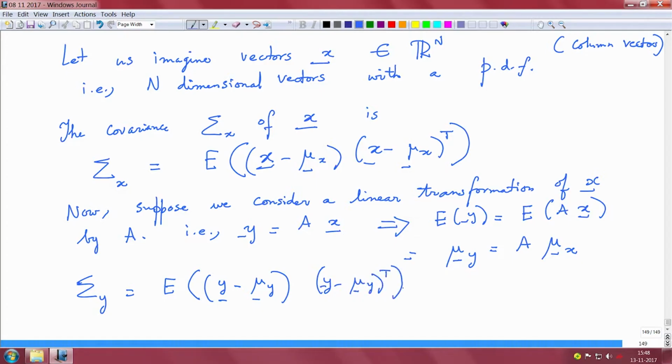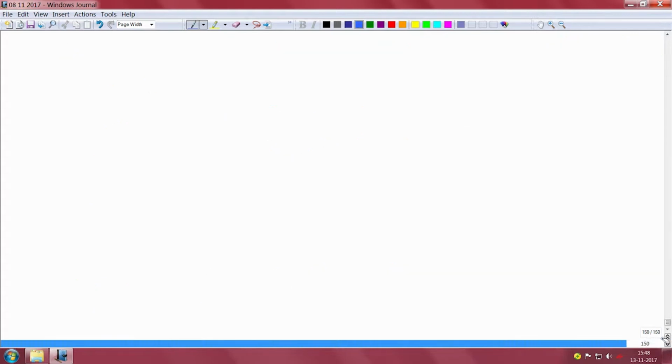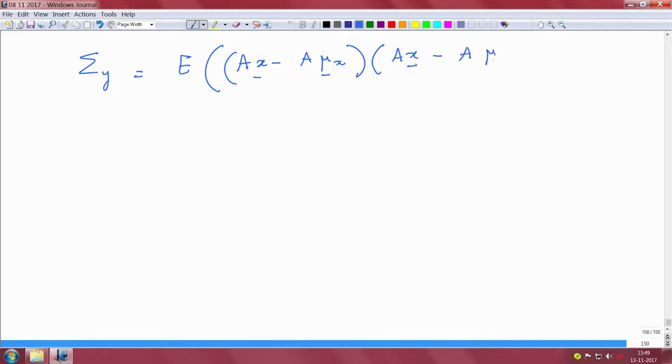This is what we need to compute. Now, we plug in y equals Ax, and we will simplify. Sigma y is the expectation of (Ax minus A times mu x) times (Ax minus A times mu x) transposed.